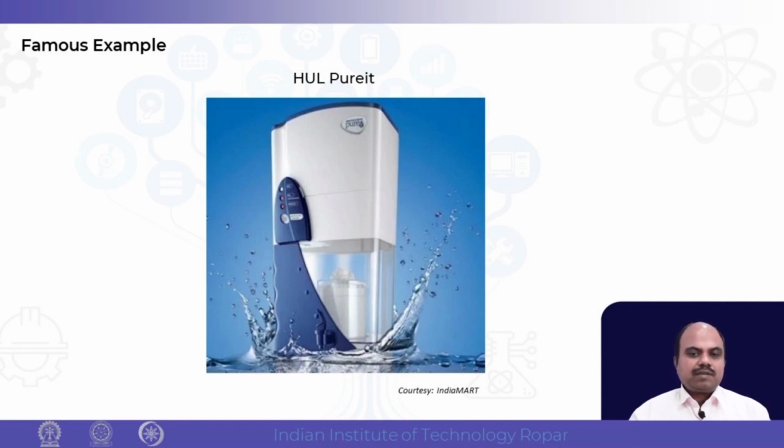How does it work? It has a filtration system, water is poured on top of it, and due to gravity it filters, and then one can drink the filtered water. It's a very good filter. After around 1,500 liters of filtration, you need to change the candle. That costs only around 300 rupees.